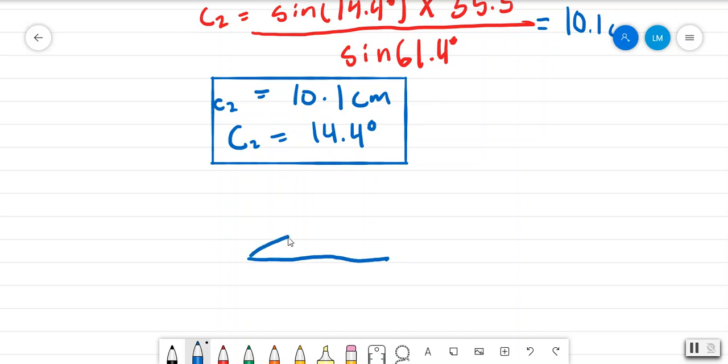And then, for example, you have that the angle was 104.2. So that means that the angle has to be more like this then.